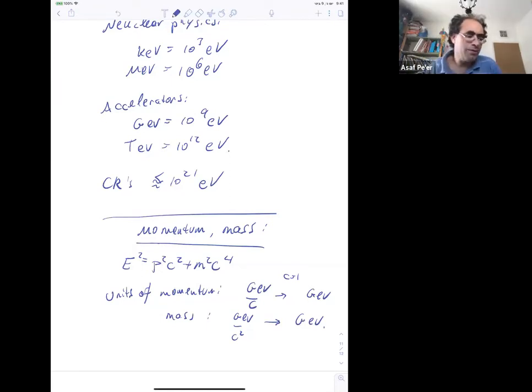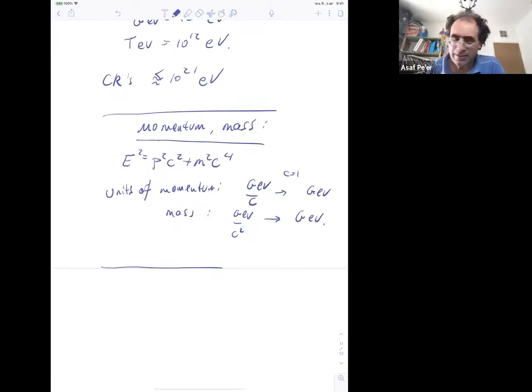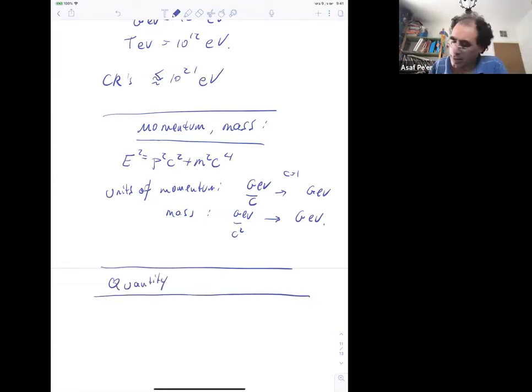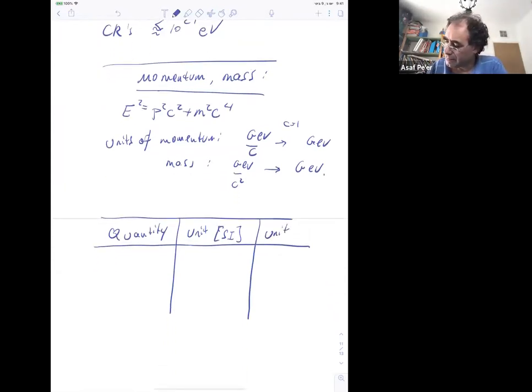So if I summarize the basic quantities, and then the unit in SI, then the unit in the natural, so length, what is the SI unit for length? Meter.